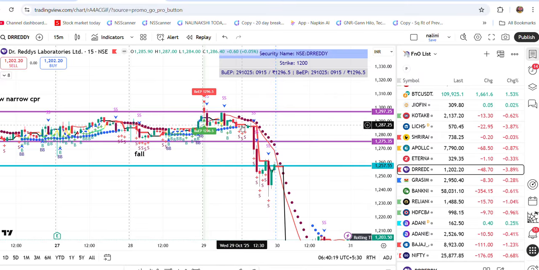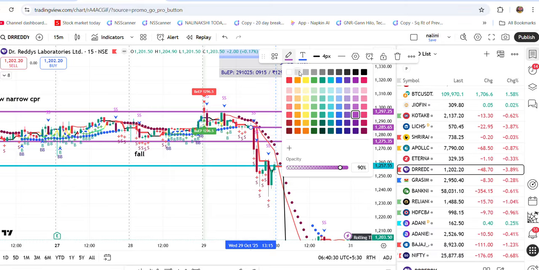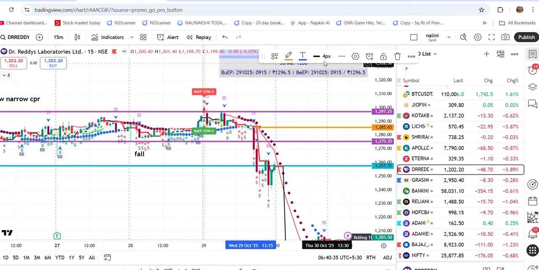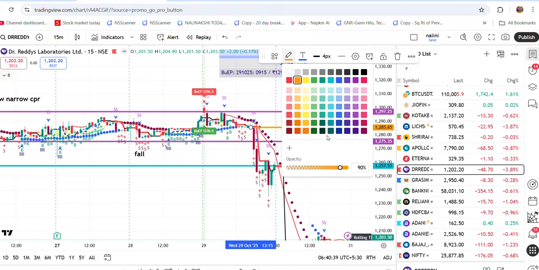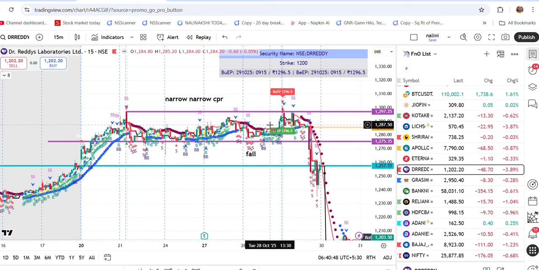So you can see before the fall itself, around 12:45, it lost its balance. Let me make it a little bit different color. It lost its balance. So when it has lost its balance, you know that the episodic pivot is here.